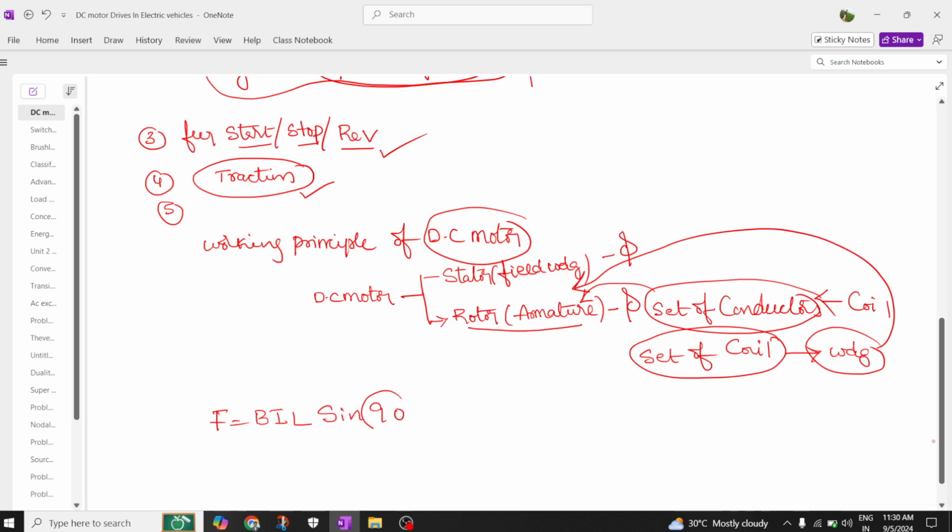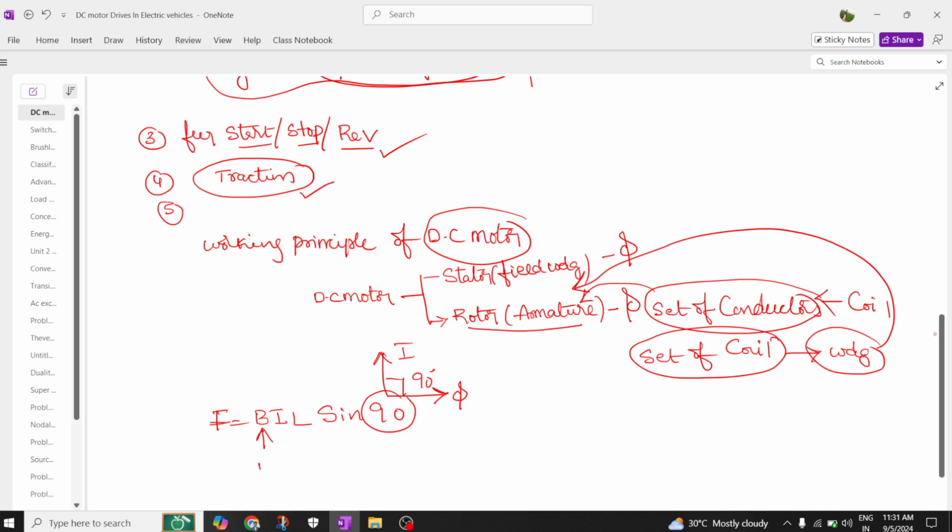This 90 is the angle between the flux and the current. So the angle between the flux and current is 90 degrees. Now, how it is 90 degrees, you can see here. The force experienced by the conductor is directly proportional to the magnetic flux density.